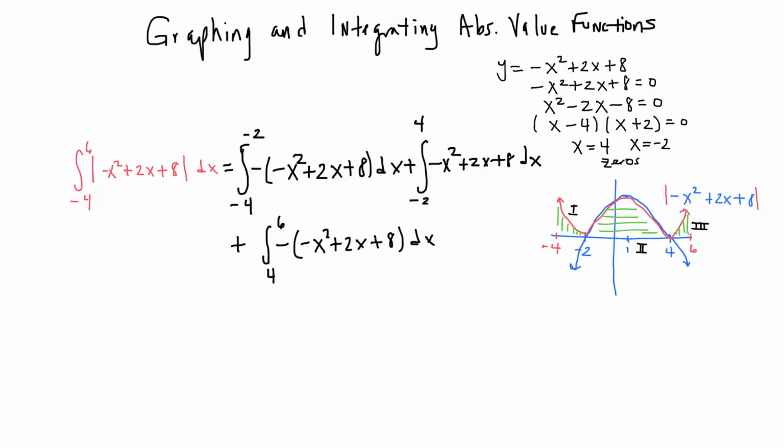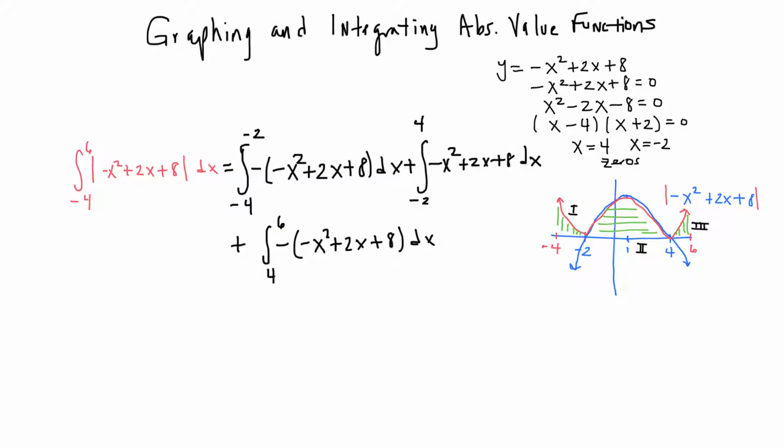Now, in this video, I'm not going to integrate it and I'm not going to evaluate the limits because it's just tedious and the function is simple enough. I just want you to get the idea of how we use the graphs to take integrals of absolute values, and that in this instance we did not have to go to a piecewise function.